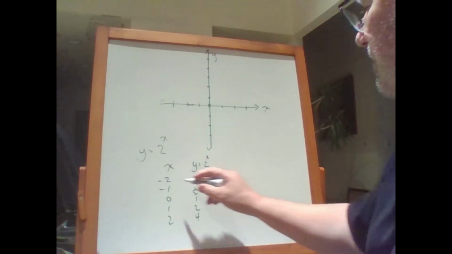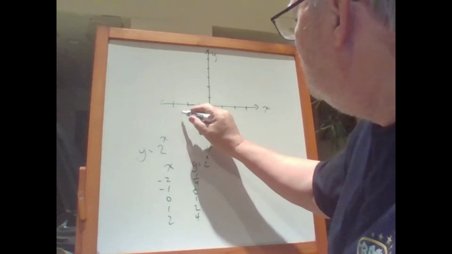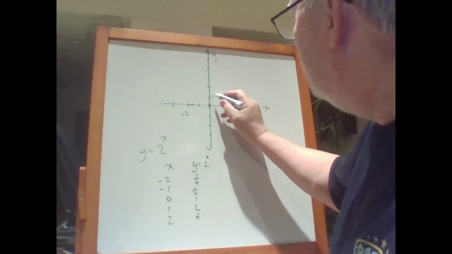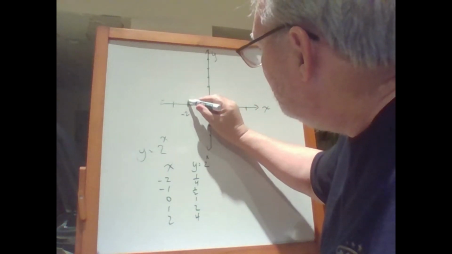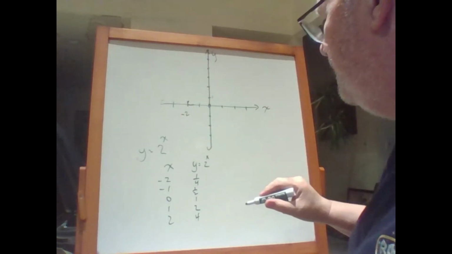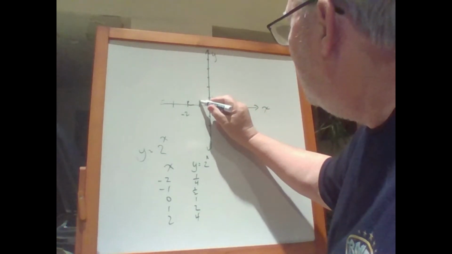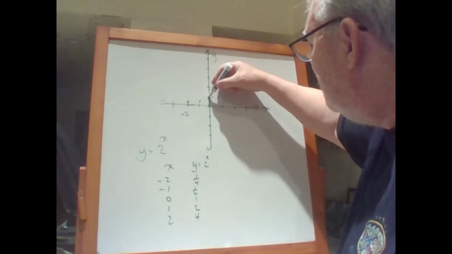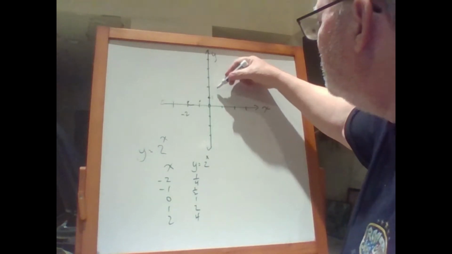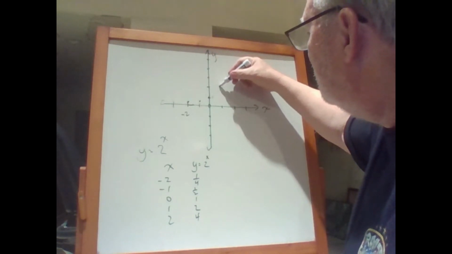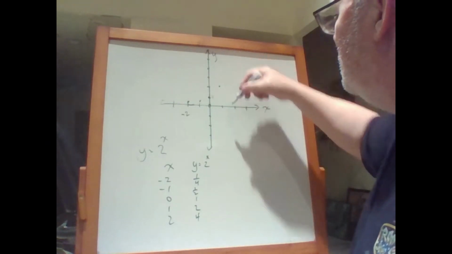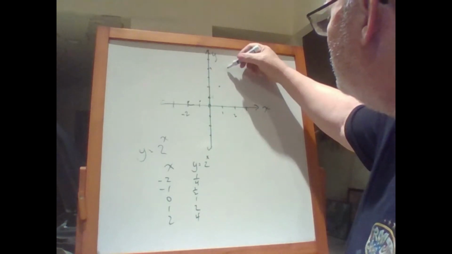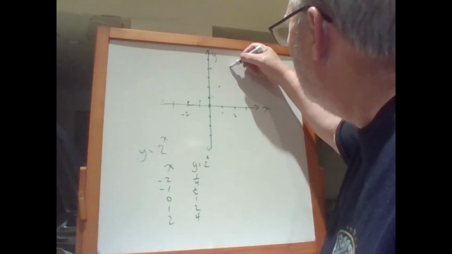Okay, so when it's negative 2, we're at 1/4, so that's down around there somewhere. When it's negative 1, it's at 1/2. When it's 0, it's 1. When it's 1, it's 2. And when it's 2, it's 4.